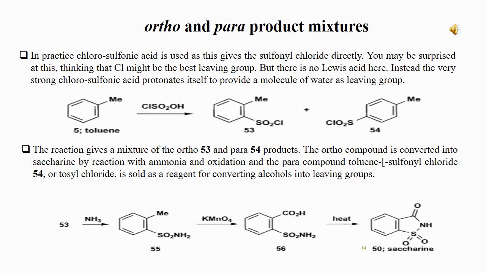Now the thing I mentioned here is that chloro is a good leaving group, but when there is no Lewis acid here, it will not leave like that. So chlorosulfonic acid protonates itself to provide a molecule of water as the leaving group.